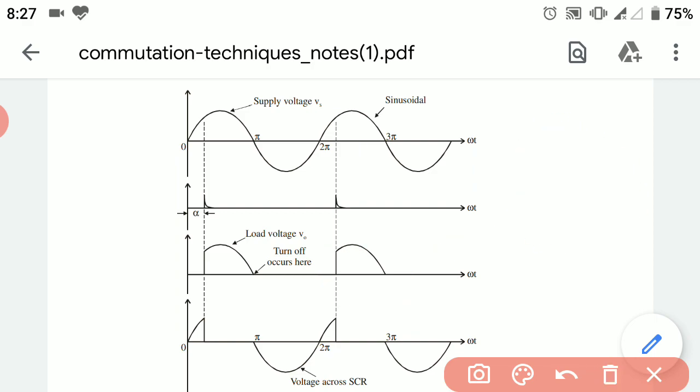So this is the natural commutation process using an AC supply as input. During the positive half cycle the thyristor conducts and the output voltage develops, and during the negative half cycle the thyristor is reverse biased, so it turns off and there is no output voltage. Thank you.